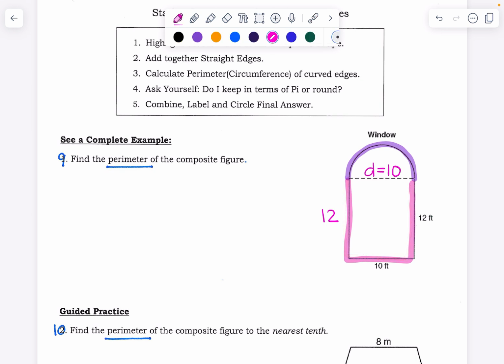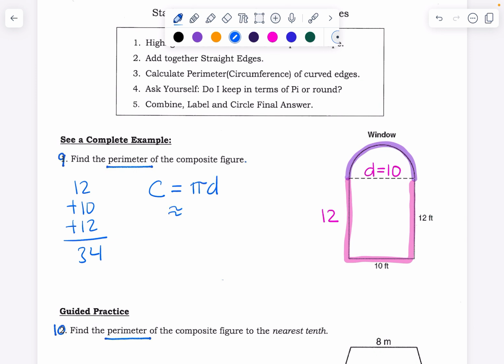That's going to be a slam dunk. So 12 plus 10 plus 12 would be 34. Now, I need to find the outside length of a circle. Do you remember what formula that was? Because that's C equals pi d, ladies and gentlemen.